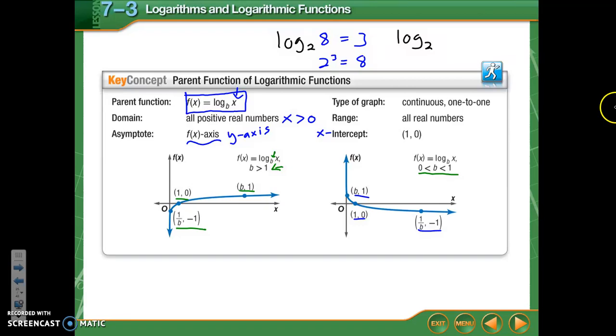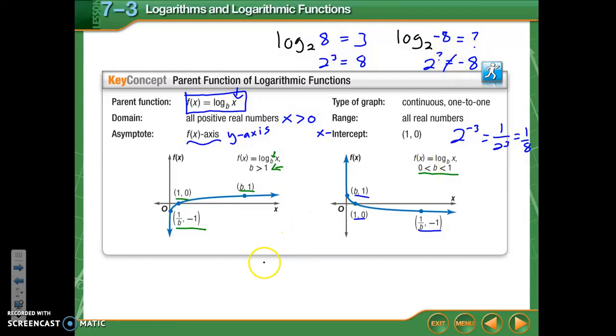But if I try to do log base 2 of negative 8 equals something, some exponent, 2 to an exponent cannot give me a negative number. Remember that y is always an exponent. So no matter what exponent I use, if I do 2 to the negative 3, 2 to the negative 3 is 1 over 2 cubed, or 1/8. That's still a positive number. So there's no exponent that I can raise the 2 to that gives me a negative number.